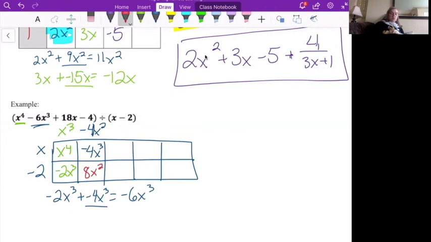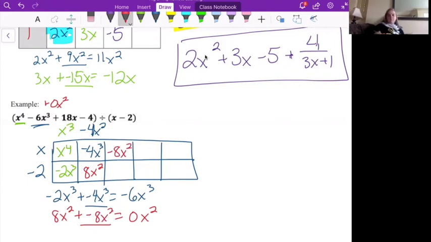Now, do we have an x squared anywhere in our thing? No. So we could write it in as 0x squared. So we have 8x squared plus something equals 0x squared. So we need to subtract 8x squared. So that way we don't get an x squared in our sum. And so then we would take x times negative 8x.